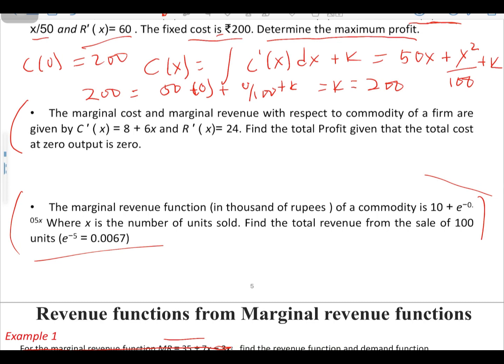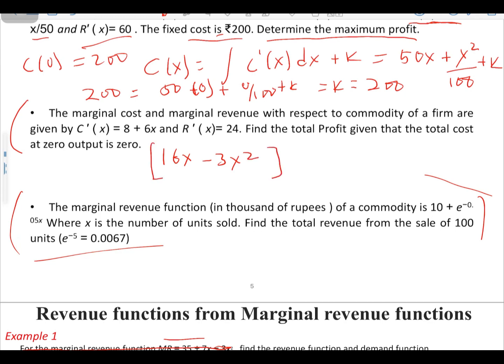So before I go, I'll give you the answers for the second one. You are going to get your total profits, or your profit function, as 16x minus 3x squared.